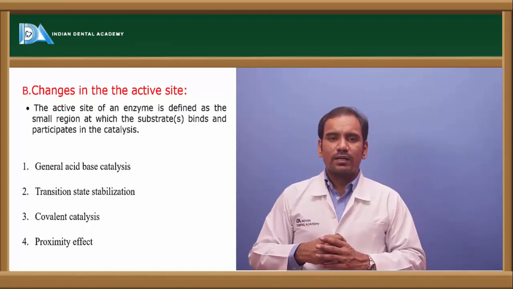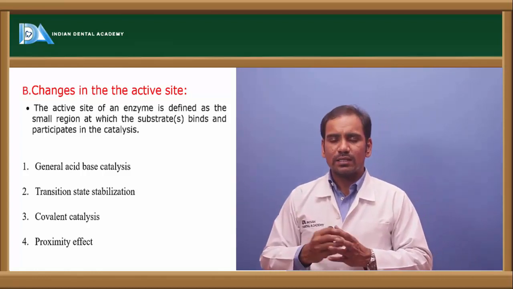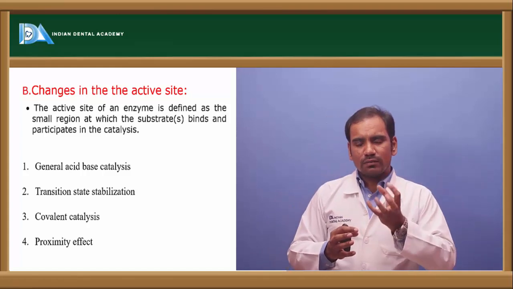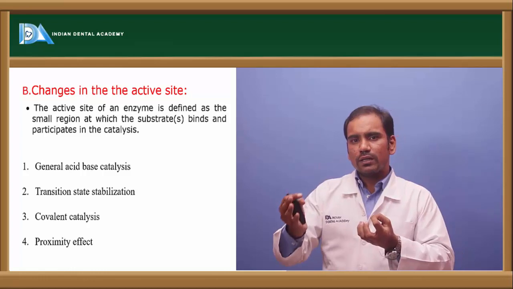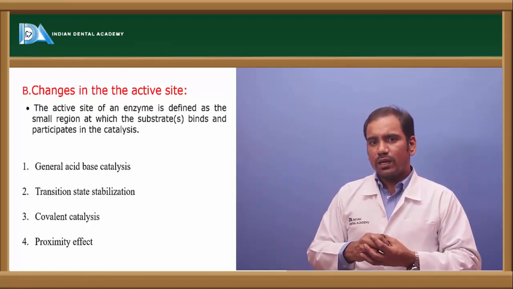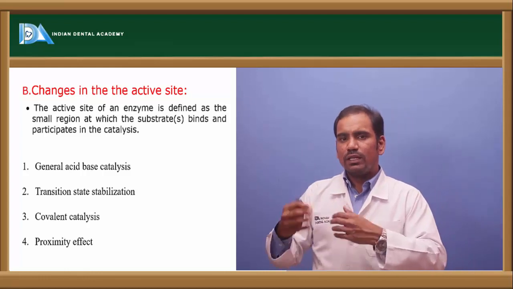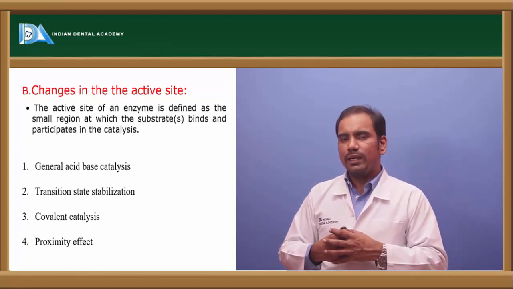That is called transition state stabilization. Coming to covalent catalysis, the amino acid residues at the active site may donate or add some groups to the substrate, whereby they favor the catalysis. That type of mechanism we call covalent catalysis.